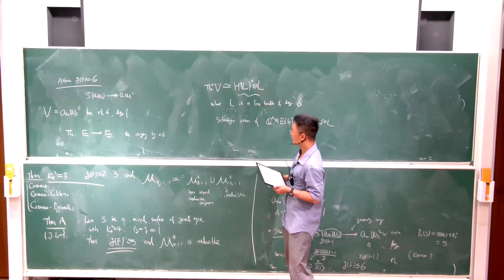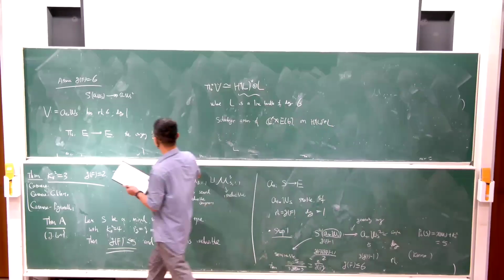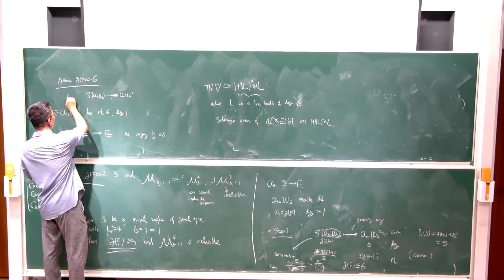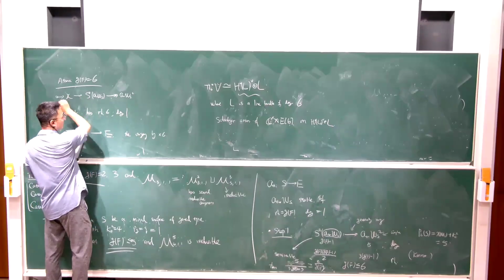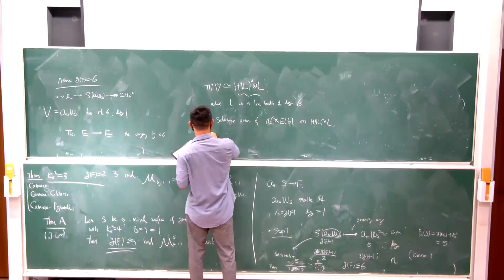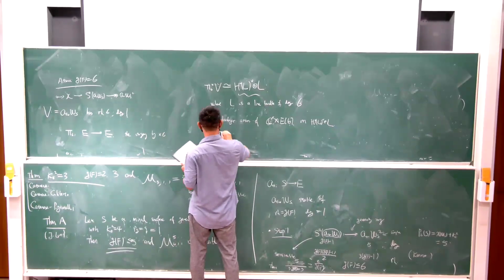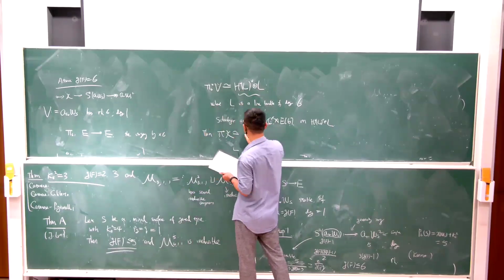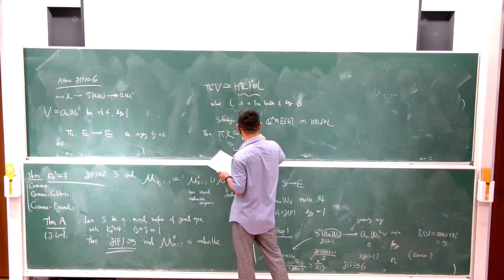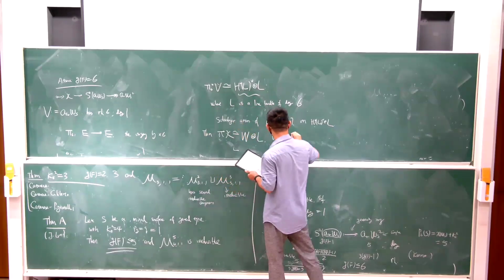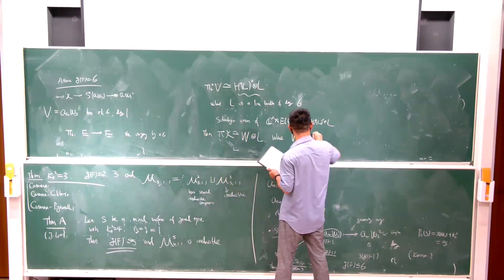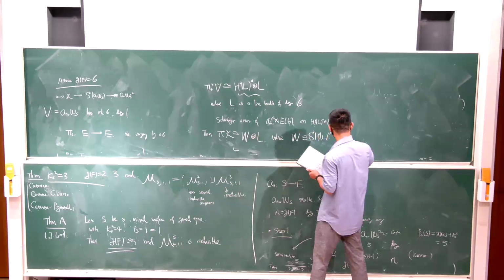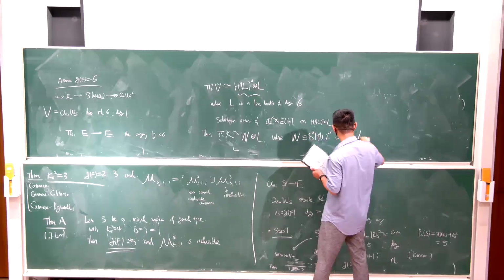Okay, so but now this map, they have the same slope. So it means if we write K as the kernel of this map, then pi star K, under this isomorphism, it's actually W times L, where W is a fixed 6-dimensional subspace.